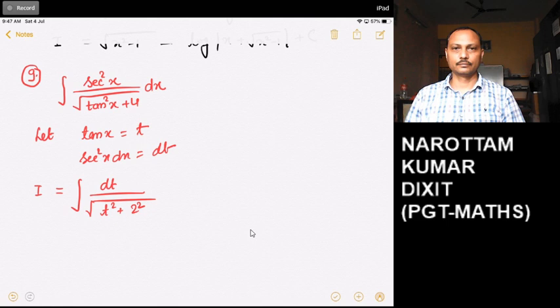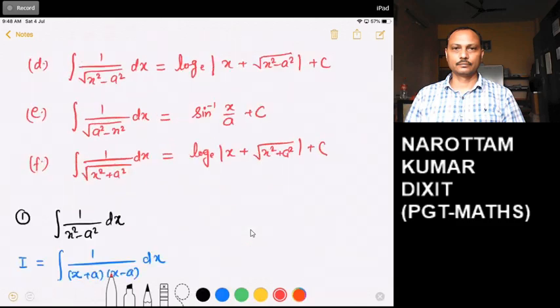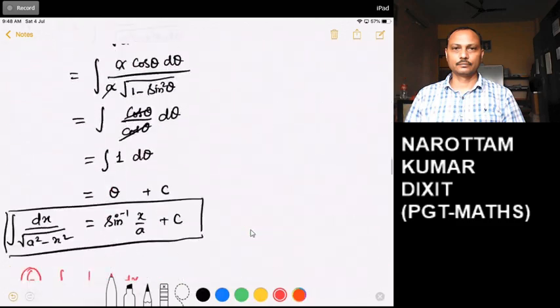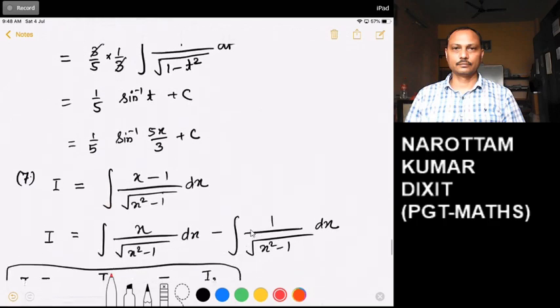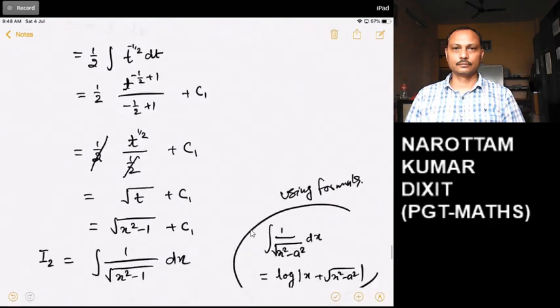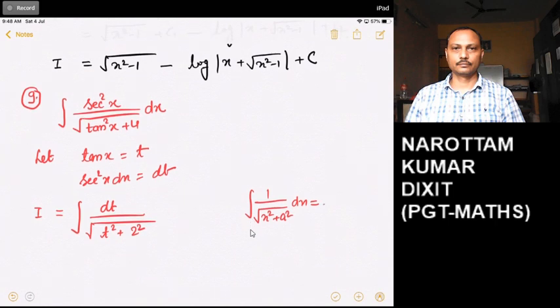So we can use the formula integration 1 upon under root x square plus a square, that is equals to log of x plus under root x square plus a square plus c.